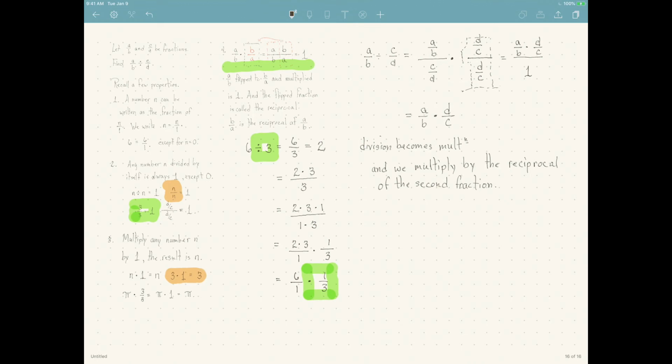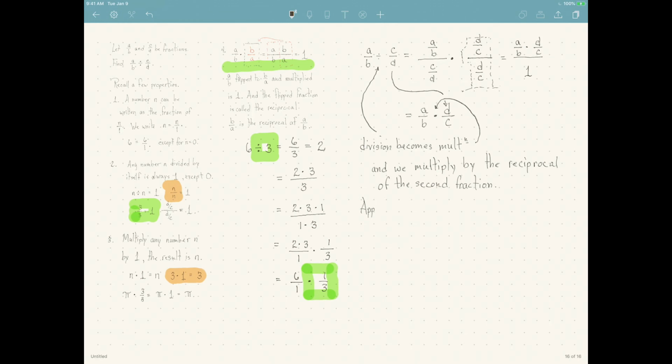And that's what we did here. Our division became multiplication, and our second fraction became its reciprocal.